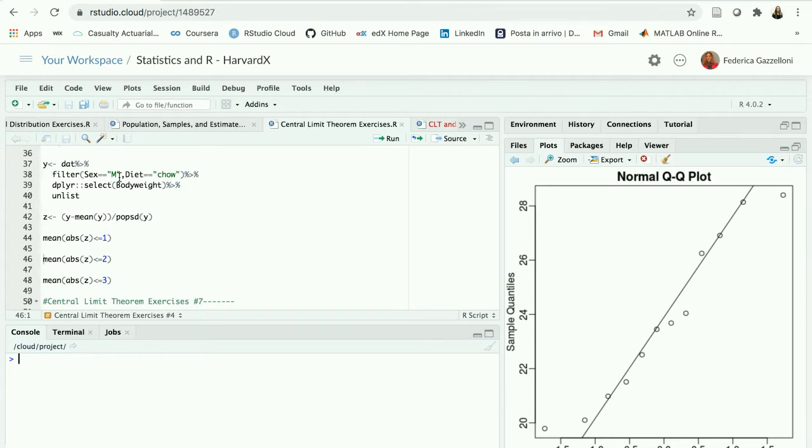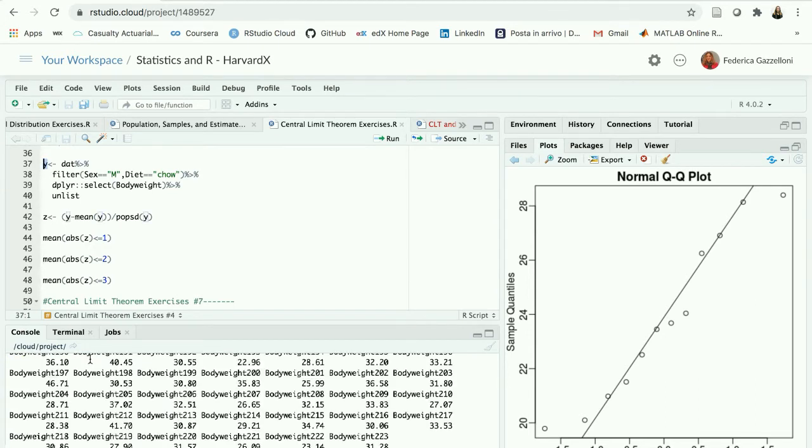Y, which is the male mice in controlled diet, and we have taken their body weights, we now transform it in a normal distribution, taking off its mean and reproportionally it with the population standard deviation.